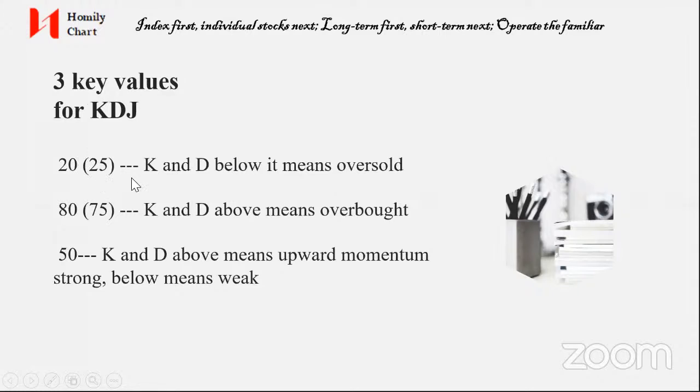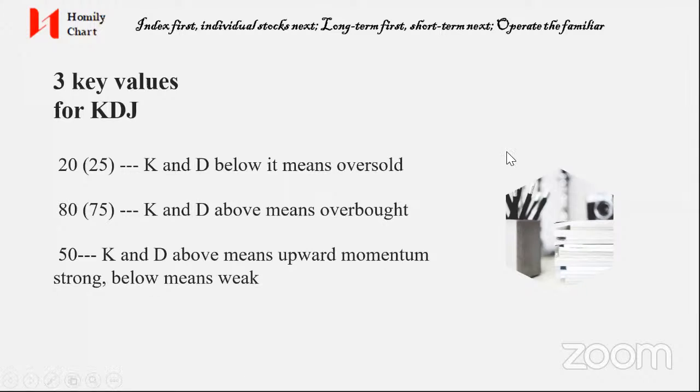Okay, so if K and D below 20, then means it's oversold already. If it's 14 days KDJ, right? Then you can check 25, means K and D below 25 is oversold. So 20 or 25 is the value for you to check whether or not the price is already oversold.